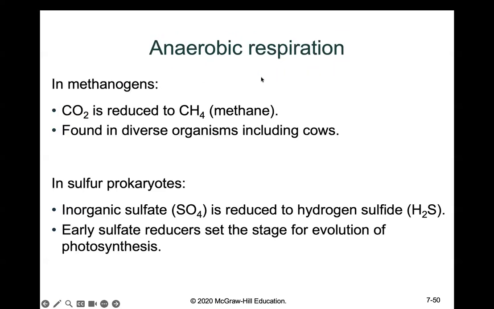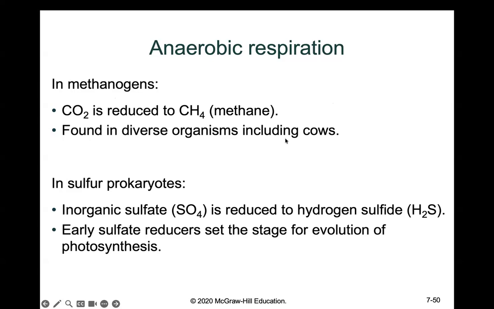So in respiration, I'll give you a couple of examples. You have certain microorganisms that we call methanogens, because rather than using oxygen as their final electron acceptor, they use, for example, carbon dioxide, reducing it to methane. Hence we call them methanogens, because they create a lot of methane from anaerobic respiration.